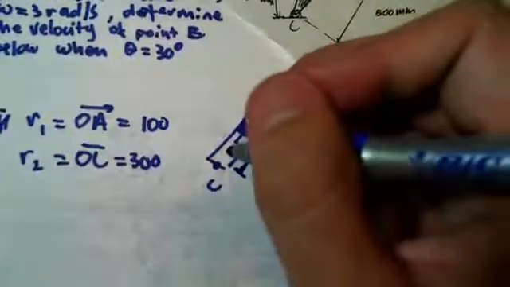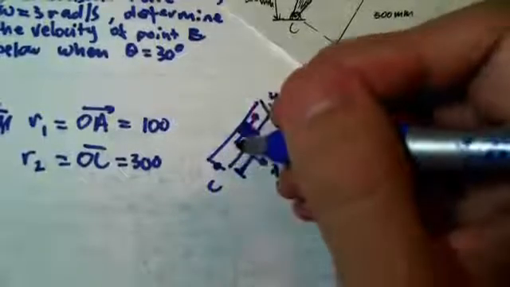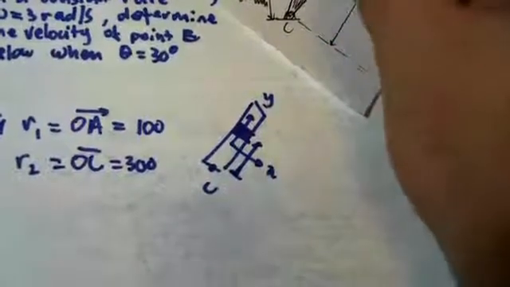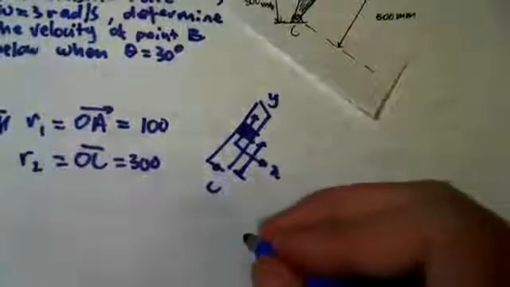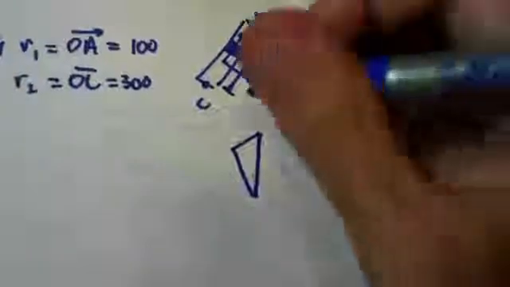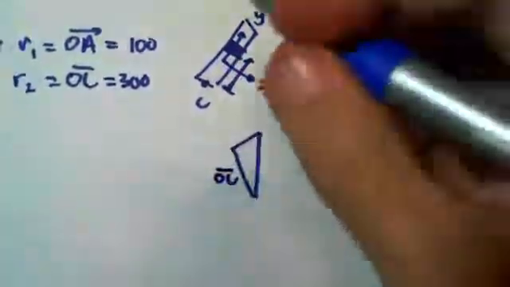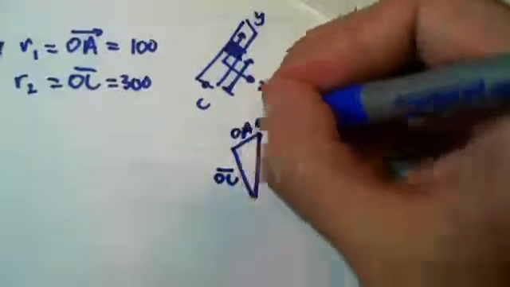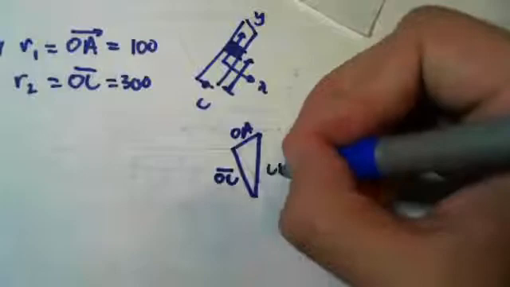So if we use the law of cosines, we can find what this position is going to be with respect to any angle, because we have a non-right angled triangle like so. This is our OC here, this would be our OA here, and this is CA here.